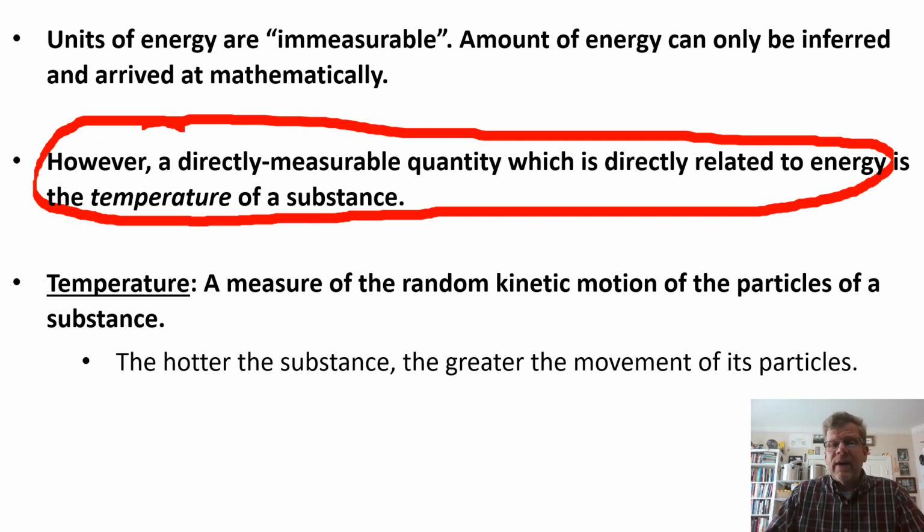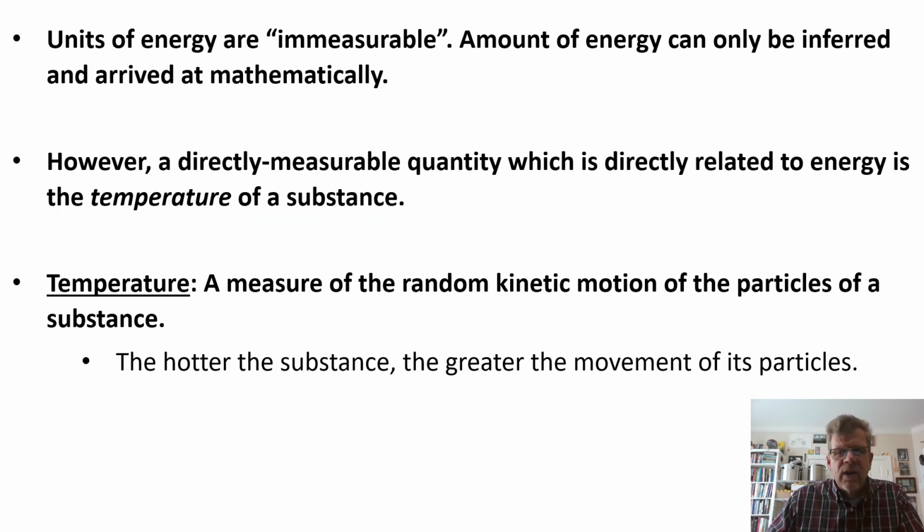How we're going to find that: if we are able to measure temperature, a temperature change going from a beginning to an end point, we will be able to mathematically calculate the number of joules of energy which flowed in that process. So it is very important here that we be able to define temperature.